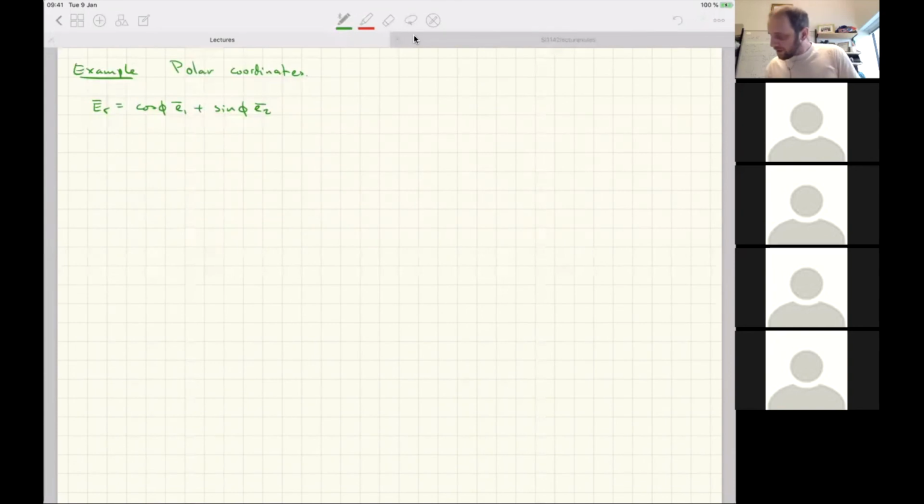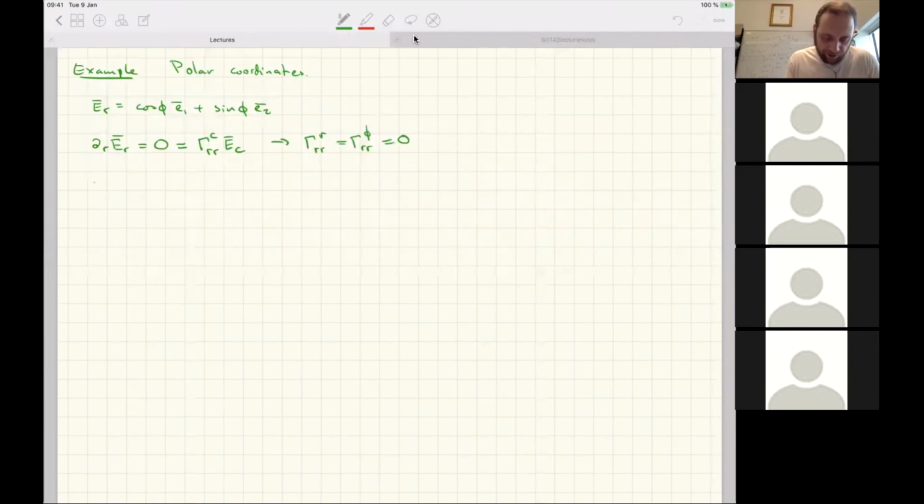If I take the derivative of this with respect to the r coordinate, it doesn't depend on r, so this is equal to 0. However, by definition of the Christoffel symbols, this should be gamma RR C EC, and since it's the 0 vector, all of the components must be 0. This tells you that gamma RR R is equal to gamma RR phi equal to 0.